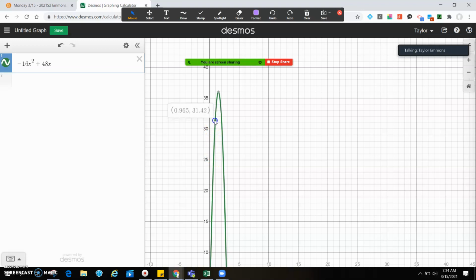And whenever it hits above 32, so it hits at 1, and then it also hits at 2. So in between 1 and 2.